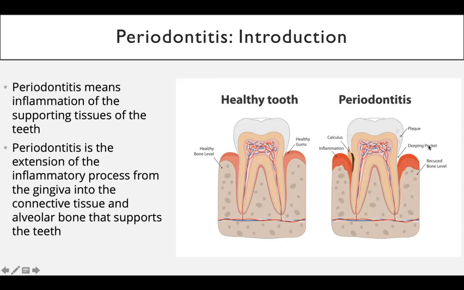But now the pockets are deepening towards the apex, so the alveolar bone and the tooth cementum have a gap, and then the tooth can easily come out or get lost.